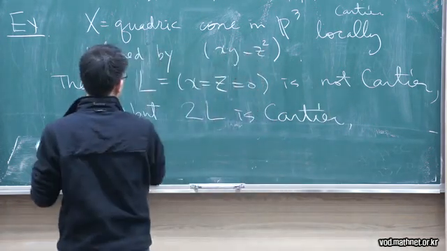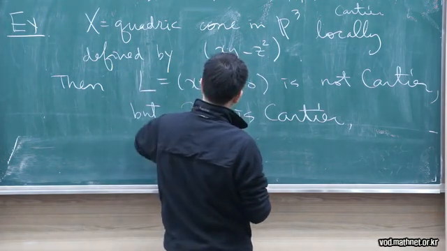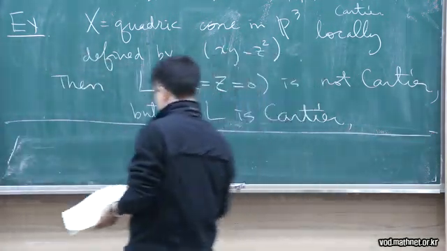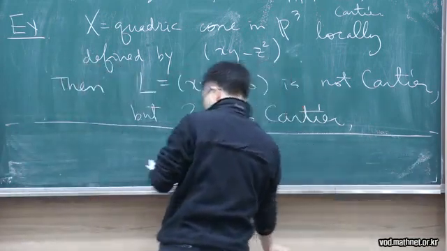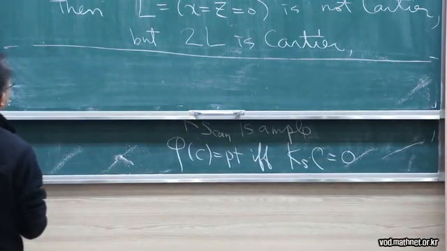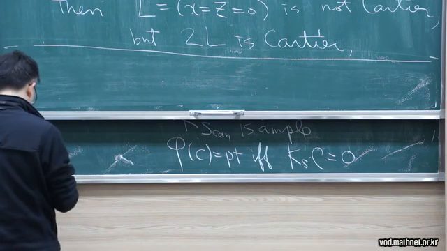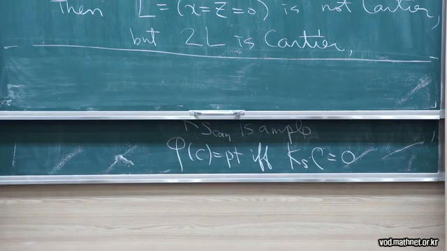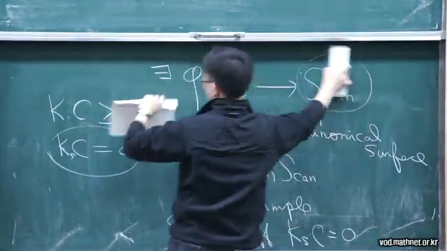So this is an example of a divisor which is Q-Cartier but not Cartier. And I will define the singularities you are going to study tomorrow, and I will finish.